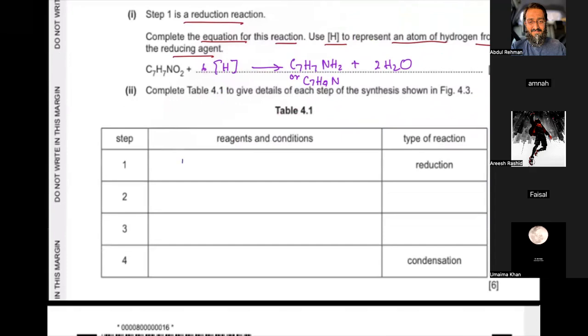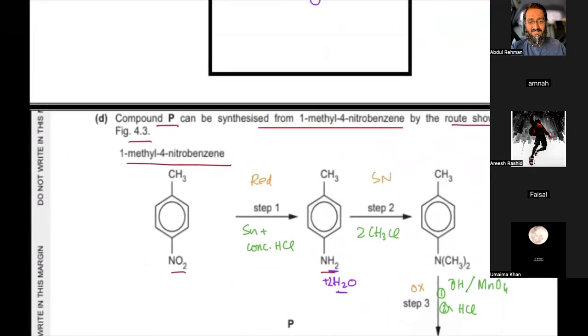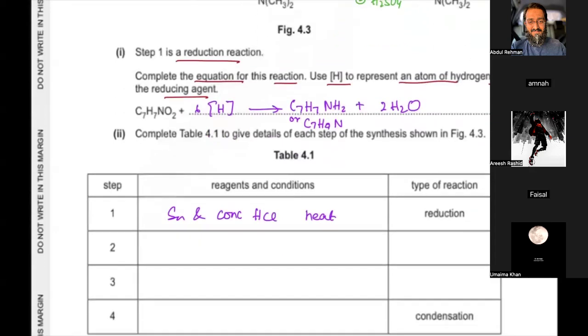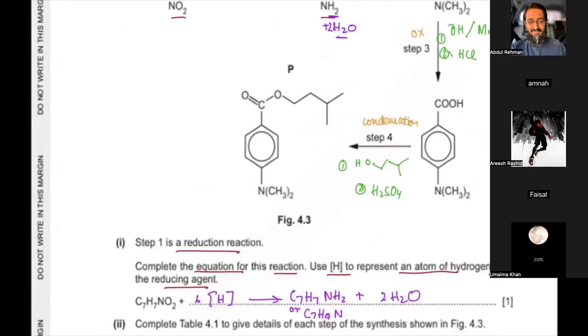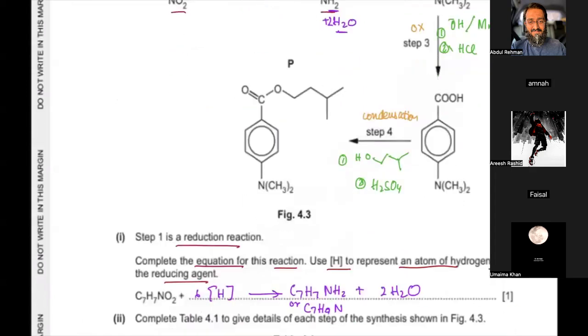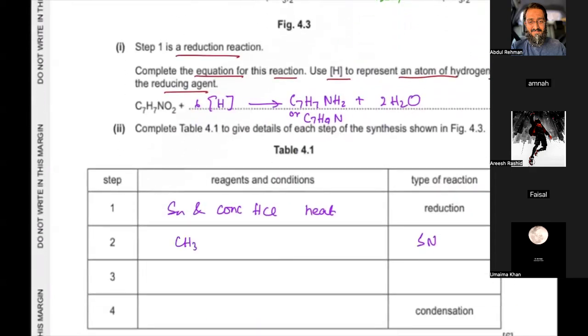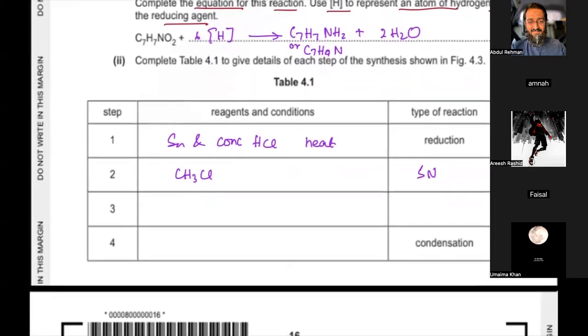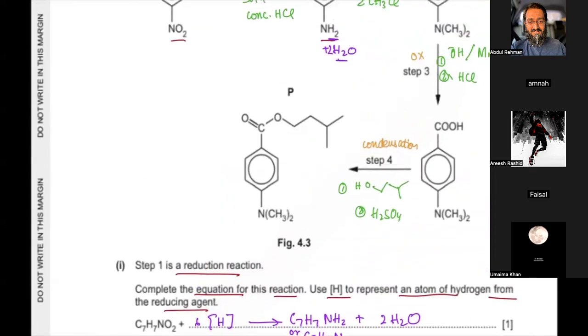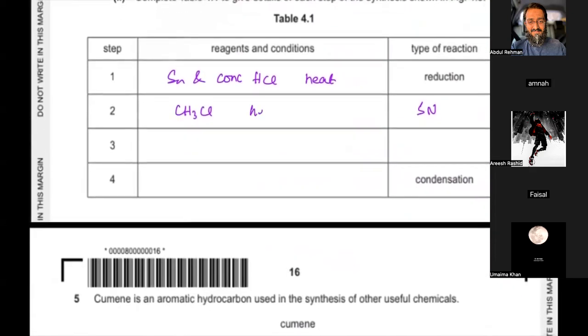So for step one, if you recall, tin and concentrated HCl with heating. In reaction two, we have identified it's nucleophilic substitution. I'm just using the shorthand. So in nucleophilic substitution, CH3Cl and heating is required.